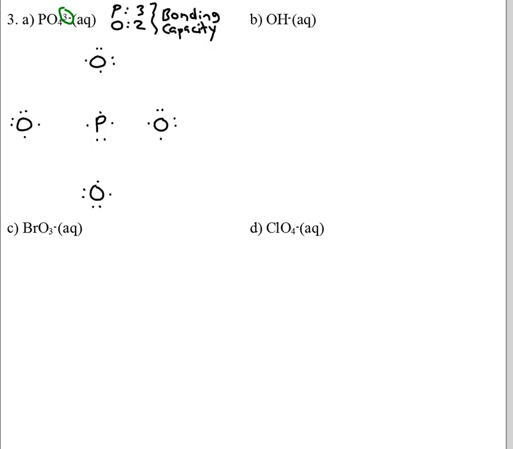So phosphate, although it is internally held together by covalent bonds, would be externally connected to another ion ionically by electrostatic attraction. So those three electrons have come from maybe an aluminum atom, or possibly three potassium atoms, or possibly if phosphate is formed with calcium, it could be that electrons have come from calcium atoms to produce multiple phosphate ions. Wherever they come from, that's not much of our concern right now.